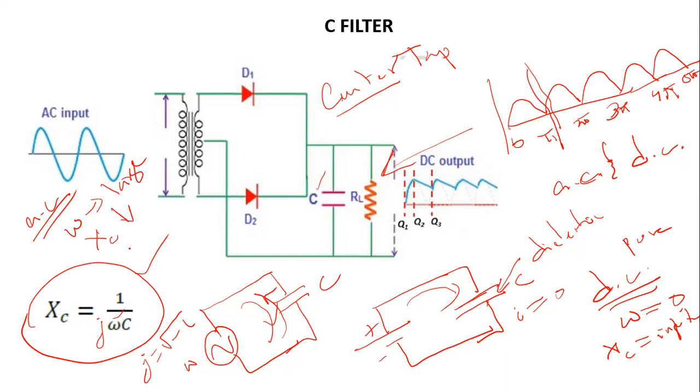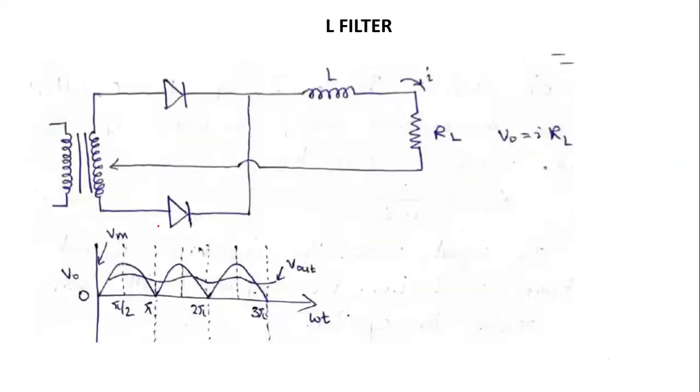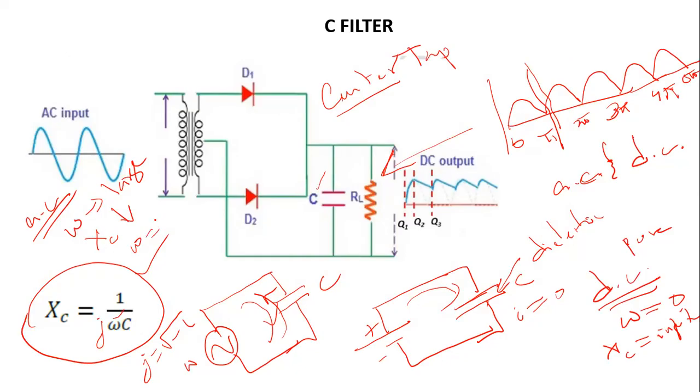If the angular frequency of the AC signal is small, then correspondingly your impedance will be large. So depending on the frequency of the AC component, the capacitor will offer a certain amount of resistance, or rather impedance. This is not exactly resistance. This is the impedance.